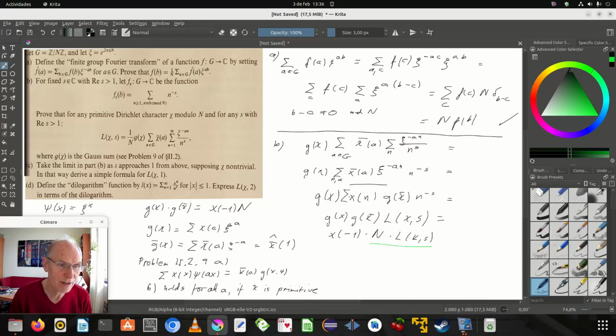This xi to the x, and here we have minus, so it's all the conjugate we get, so it's g of chi conjugated.